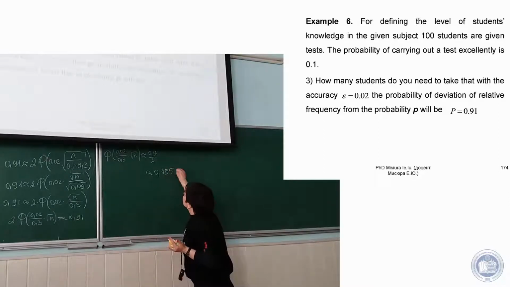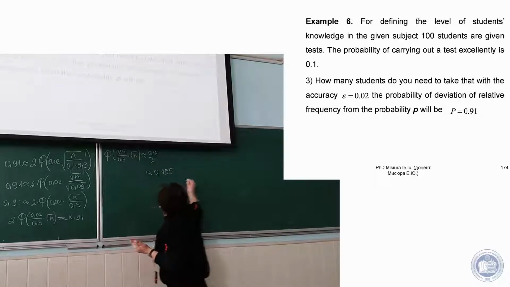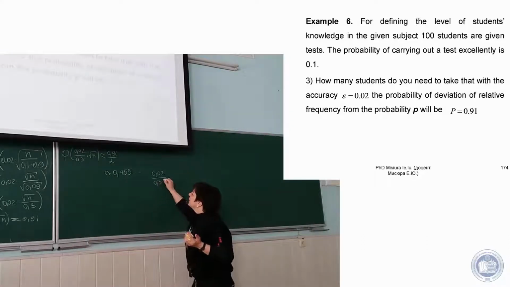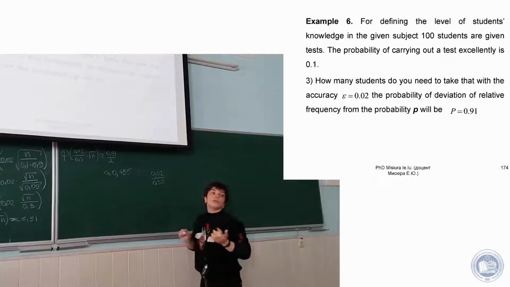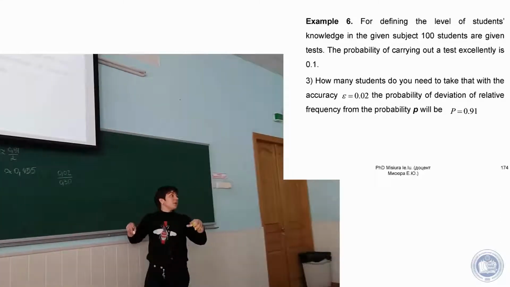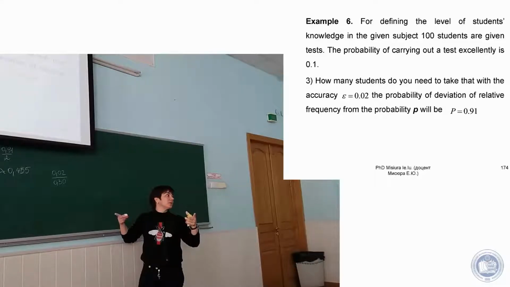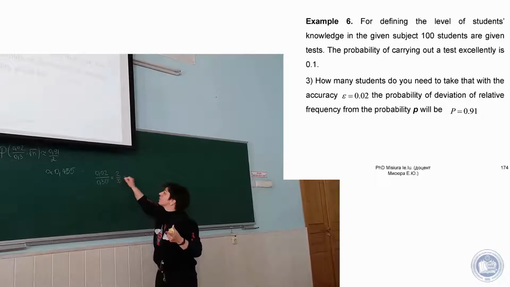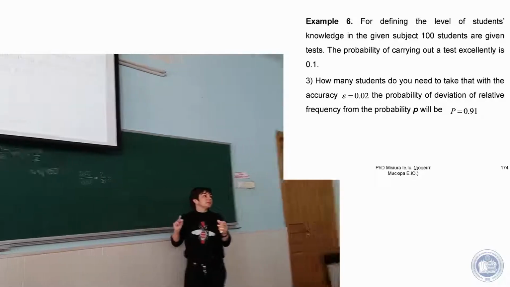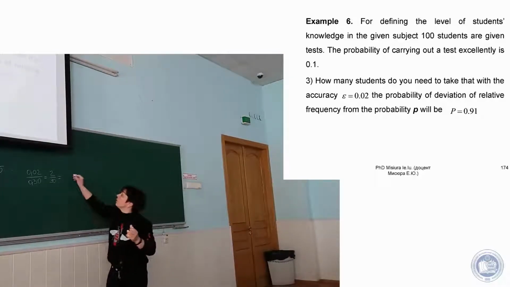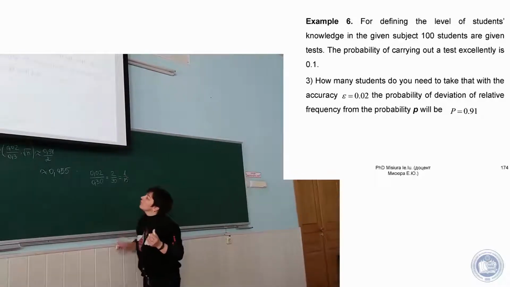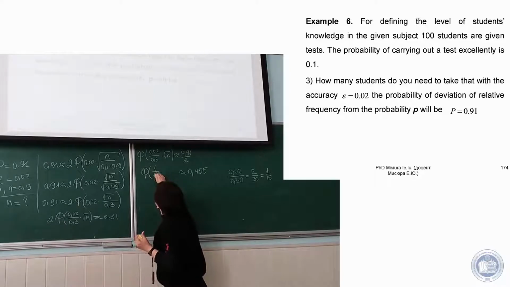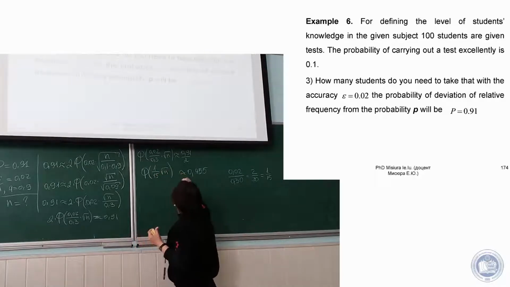Okay. Students, how to transform this fraction 0.02 divided by 0.3? If you multiply both parts by 100, you can get 2 divided by 30. Please cancel this fraction. 1/15. Okay, thank you.